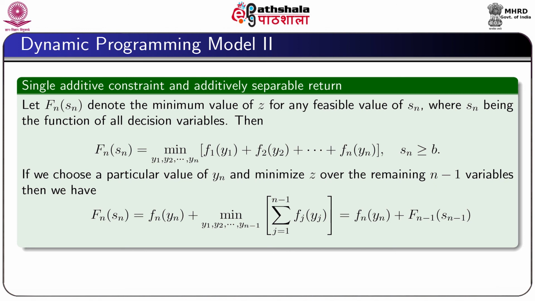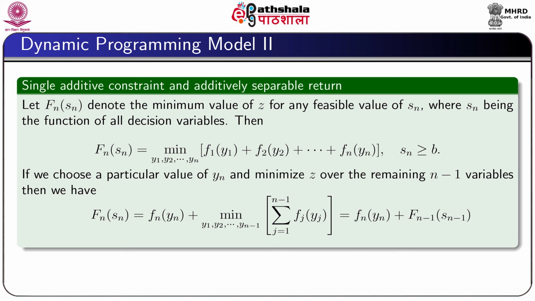First, we choose a particular value of yn and minimize z over the remaining n minus 1 variables. Therefore, Fn(Sn) is equal to fn(yn) plus minimum of summation j equal to 1 to n minus 1 fj(yj), where the minimum is taken over y1, y2 up to yn minus 1. And this can be written as fn(yn) plus Fn minus 1(Sn minus 1).